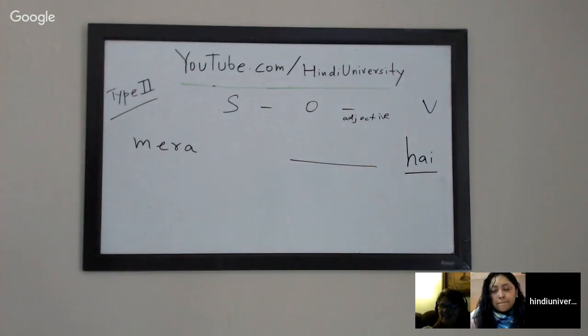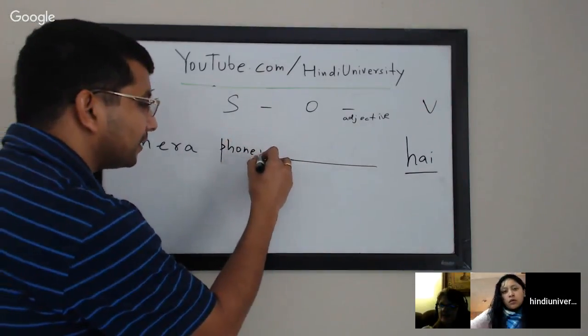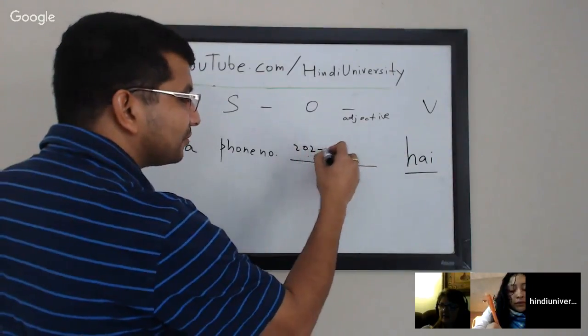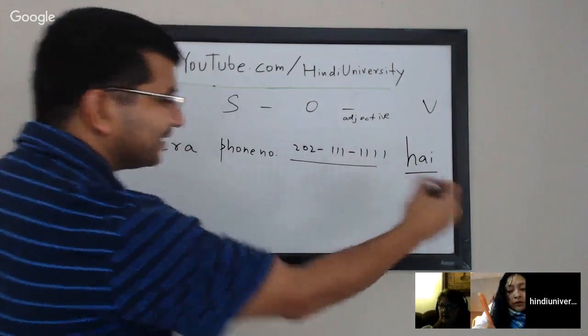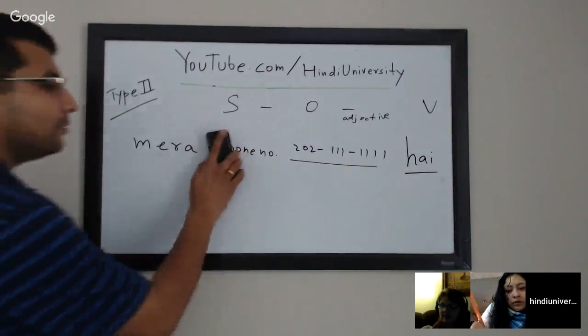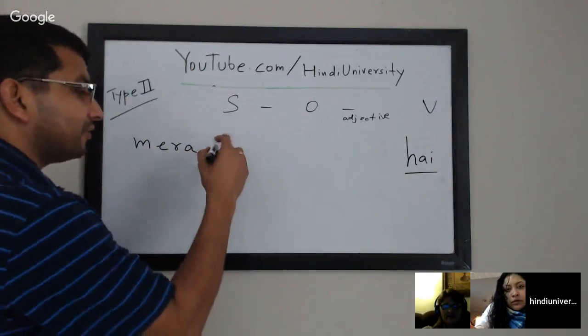I'm going to give you some more tools. If you want to give your phone number to someone, you can say mera phone number, and then you can give the number, right? I mean, you can say 202-111-1111. Mera phone number ye hai. Or let's say you are very proud of your brother.